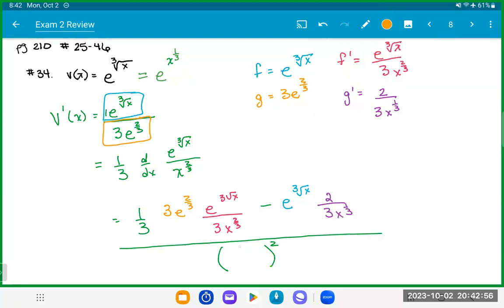And our g function is actually, sorry, x. So we pull that x to the 2/3, and so this is x to the 2/3 squared.